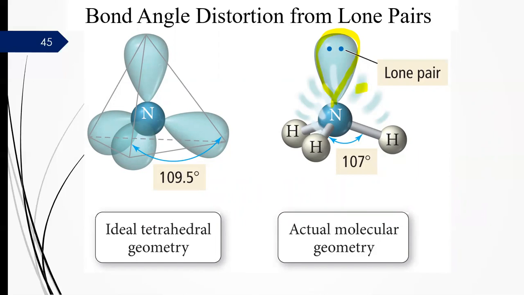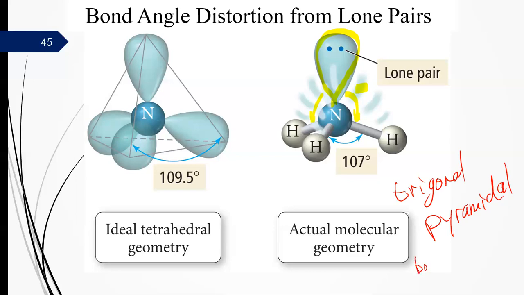That's going to push these other ones down. And if we push those down, then they have to get closer together. And so its molecular geometry becomes trigonal pyramidal because they're pushed down below that same level of that nitrogen or that central atom. And then their bond angle is going to shrink.